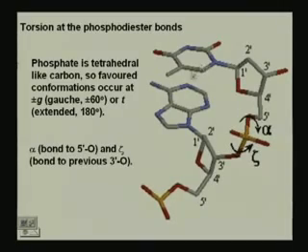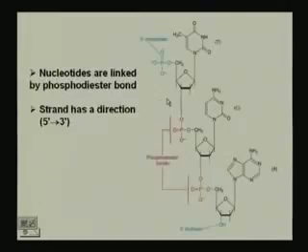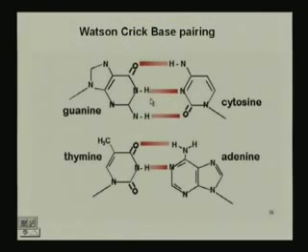Okay? Now, how does that help, or what can that do? Okay. So, once we have these bases, we can have base pairing. What is base pairing? Base pairing is when we have, say, we now know that we have a sugar phosphate backbone.